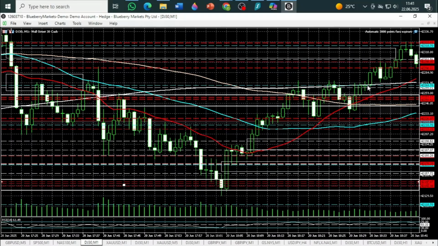and we can see that this fair value gap is a magnet for the trend, and the trend is stopped right here at this fair value gap.